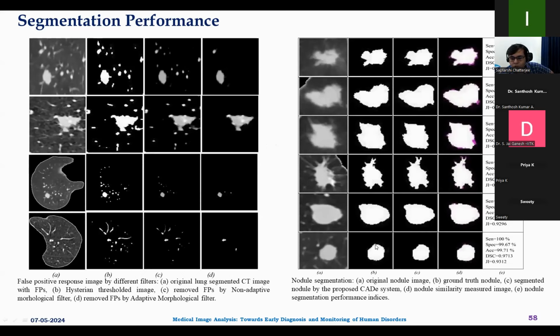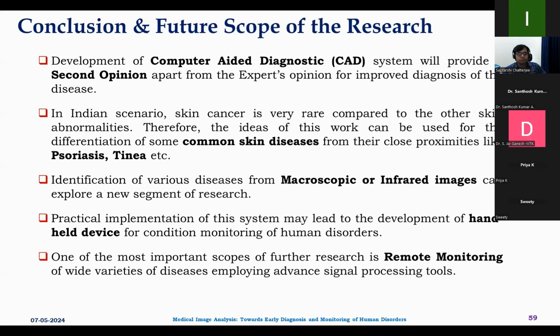And how close the segmented nodule regions are to the ground truth images has also been estimated by different parameters, that is pixel-level sensitivity, specificity, accuracy, and the similarity indexes, so that we can make sure that this segmented nodule is close to the ground truth image. So this is the overall thing I have tried to show you.